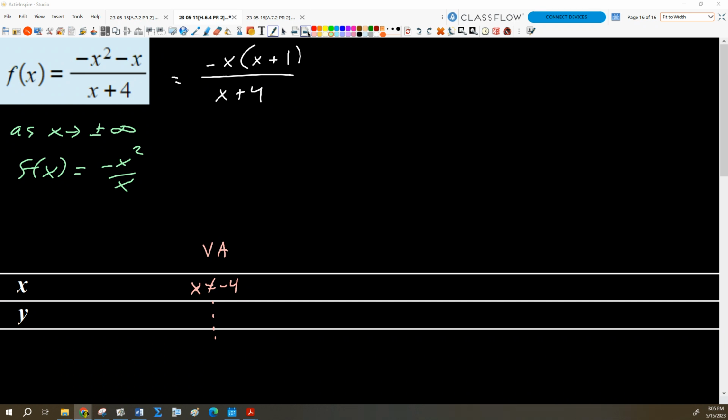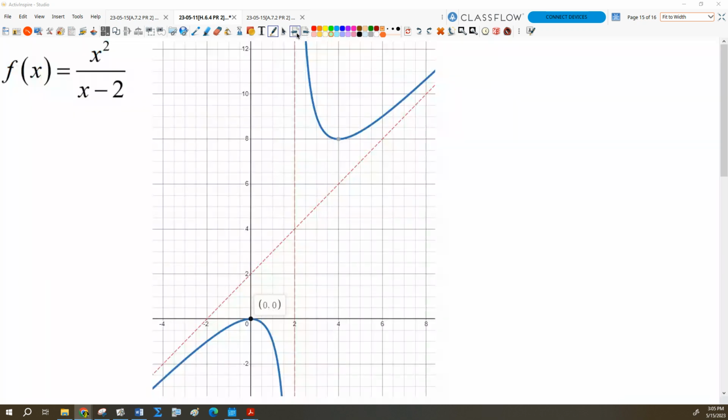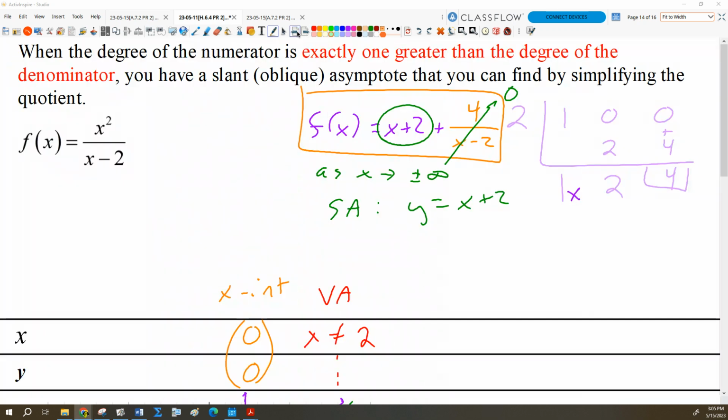Right, you guys remember this? We did this example, right? And what do we do here? We divide it out. If we simplified this quotient using long division, or in this case, we can just use synthetic division, we divided that out. What did we get? Well, our polynomial was equal to x plus 2 plus the remainder 4 over x minus 2, right?